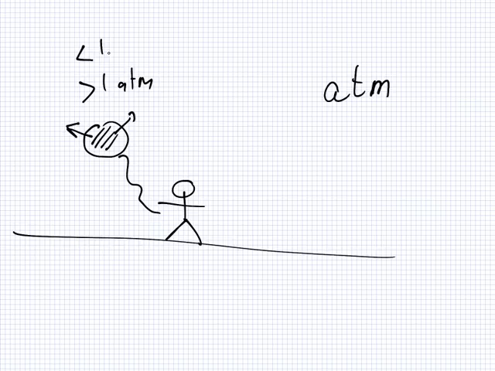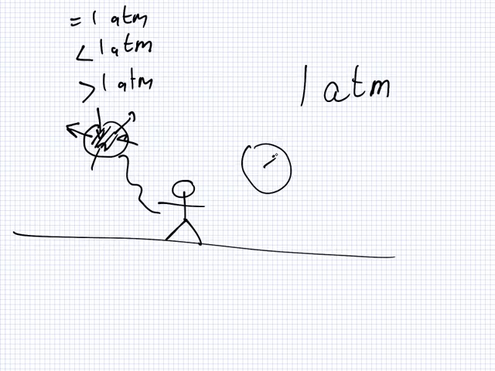If it was less than 1 atmosphere, the balloon would get smaller. So the pressure must be equal to 1 atmosphere, so that the pressure here and the pressure here are the same. So it has to be the same as the pressure of the air in the room.